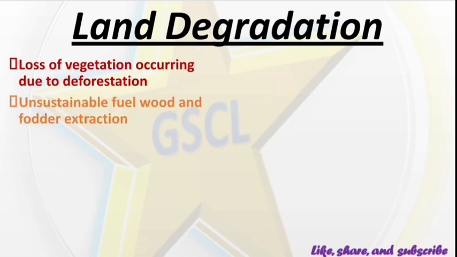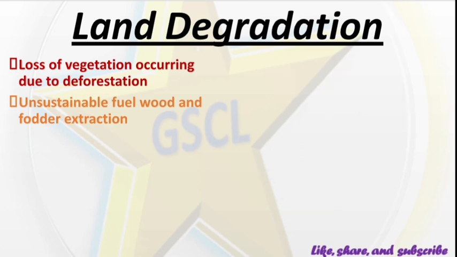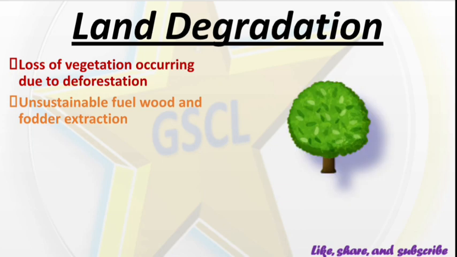Unsustainable fuel wood and fodder extraction. This is also related to trees. For the sake of cooking and food for domesticated animals, too much cutting has also led to land degradation.